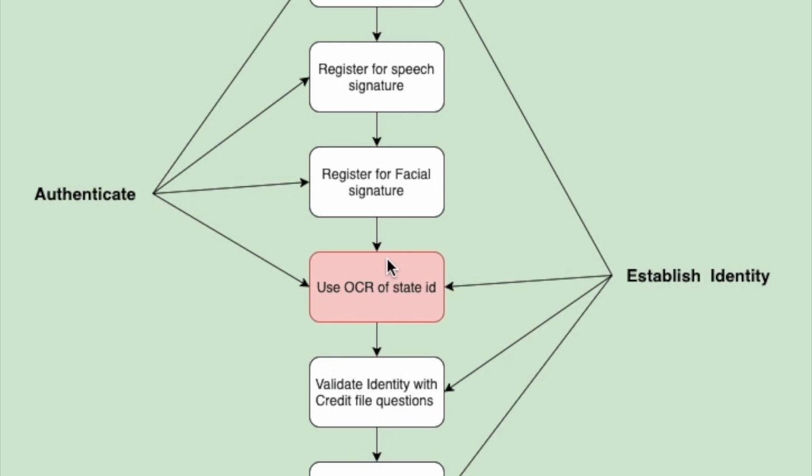The next step is credit file based questions, which the user has to answer, and that validates the user's identity. And the final one is that the application sends a mail-in OTP, one-time password, to the registered mailing address of the user, and that way we make sure that the user is physically located at that address.